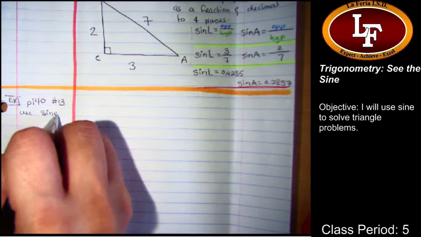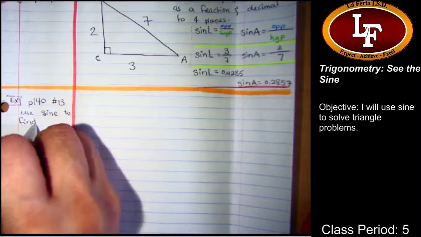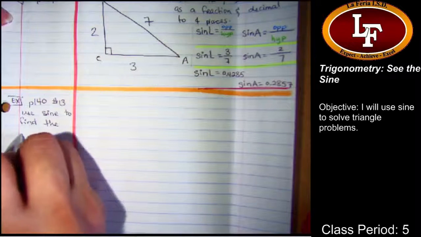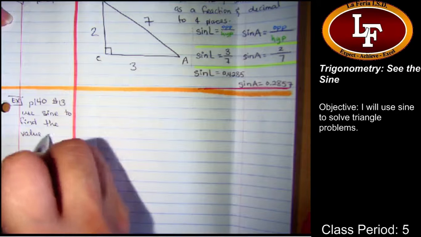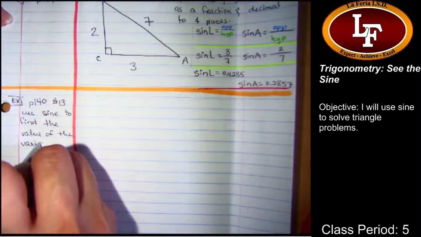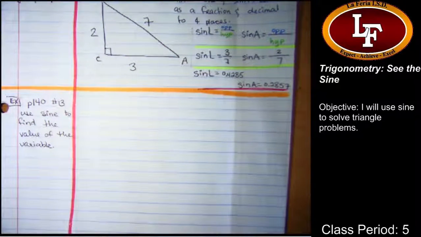These directions are going to be asking you to use sine and cosine. We're working on just sine today. So I'm changing your directions a little bit from page 140 to say use the sine to find the variables.